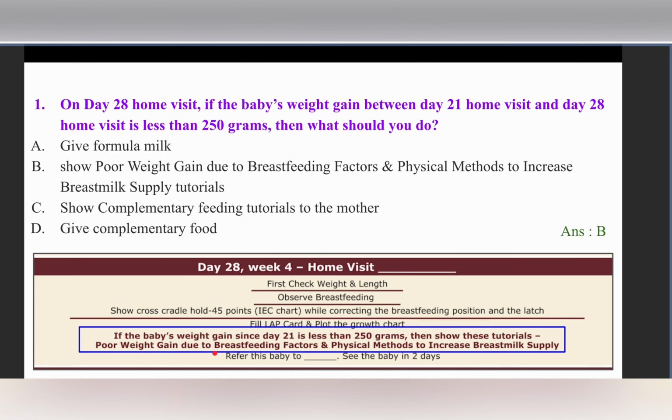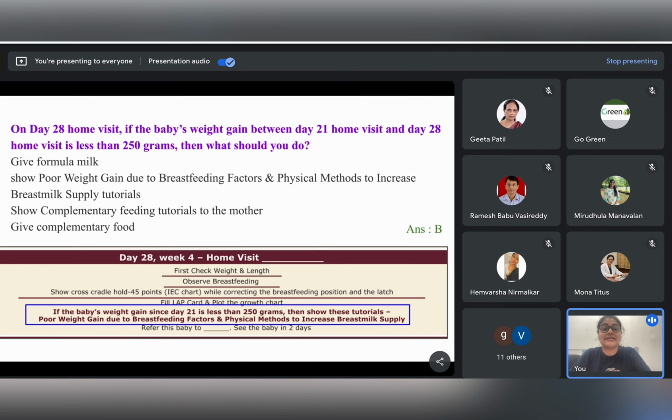We had discussed before that there are different kinds of breastfeeding factors. Can anybody remember what these different kinds of breastfeeding factors we had discussed are? Does anybody remember?